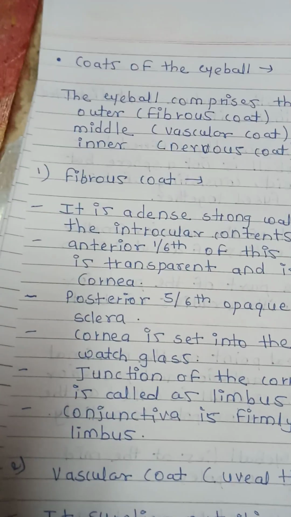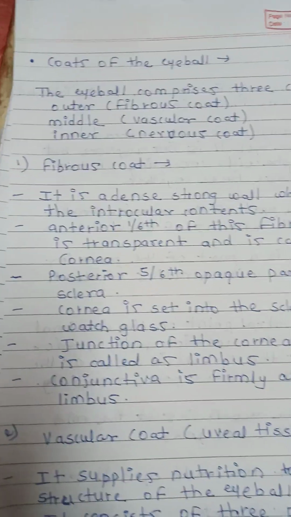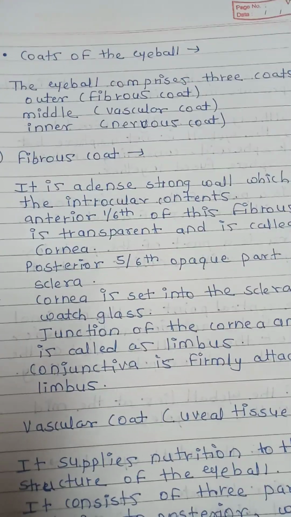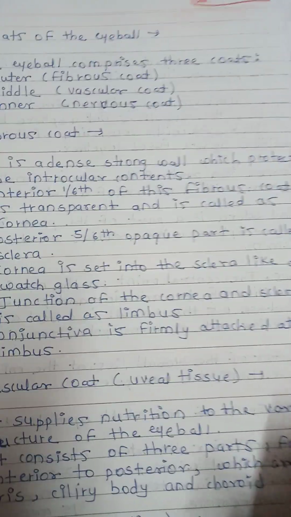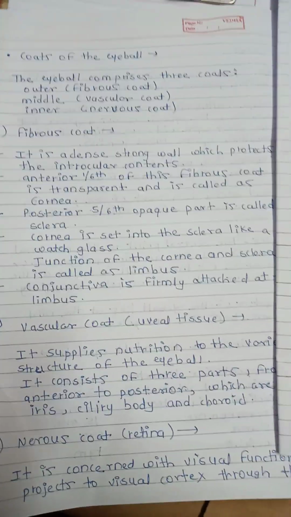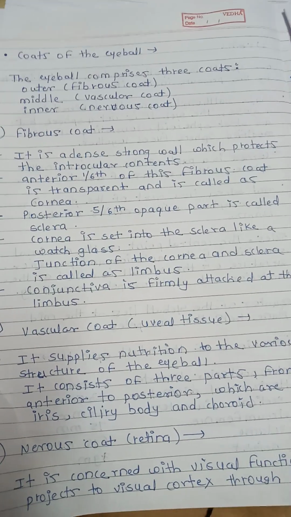The first coat is the fibrous coat. The fibrous coat is a dense strong wall which protects the intraocular contents.